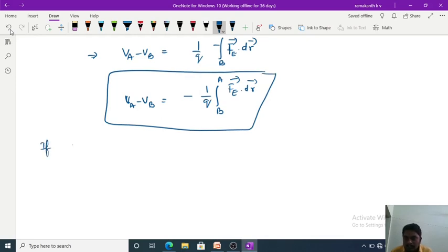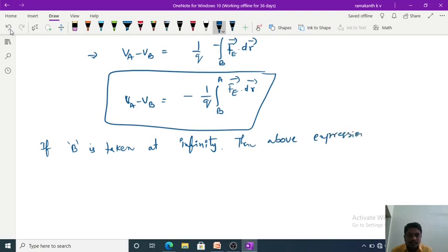If B is taken at infinity, then the above expression becomes VA minus V infinity equals minus 1 by Q integral of FE bar dot dr bar.